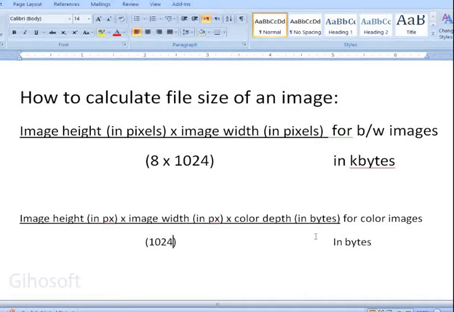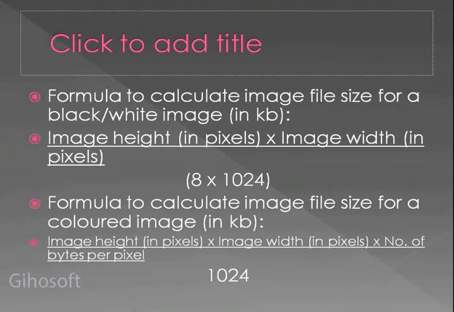But as a standard, you are going to get the question to write it in kilobytes or KBs. So just remember these two formulas for finding the size of images in bytes or kilobytes. They are given in your slides as well over here.